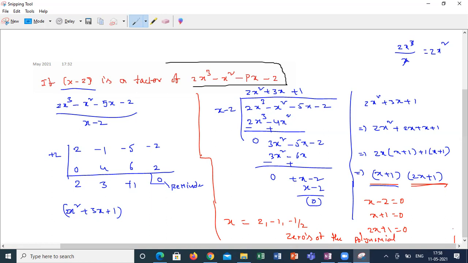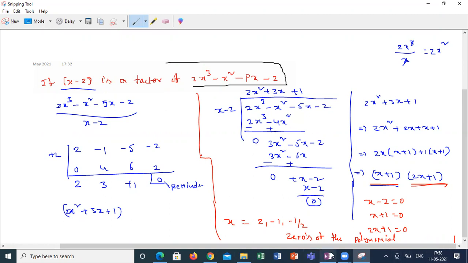If everyone is clear with this numerical, I will go for the synthetic division method again.